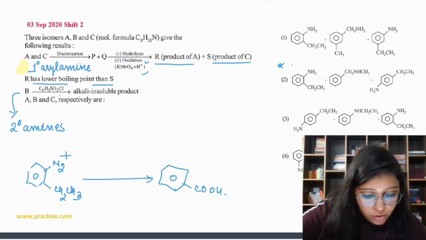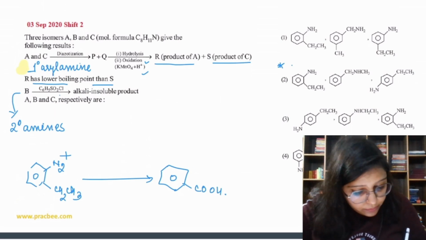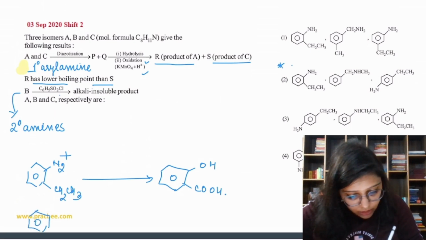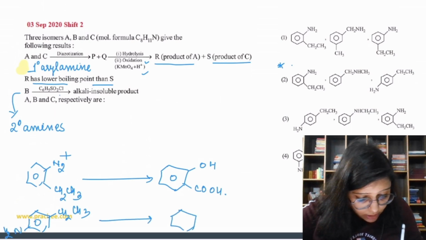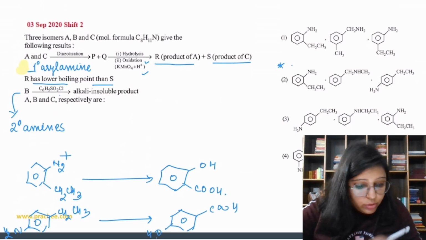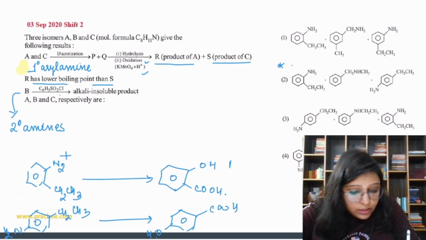So we get this COOH, or we can say OH. Now if we have this one, CH2CH3 and here NH2, after diazotization, hydrolysis and oxidation, we are going to get this one. Fine. Now, this must be R.